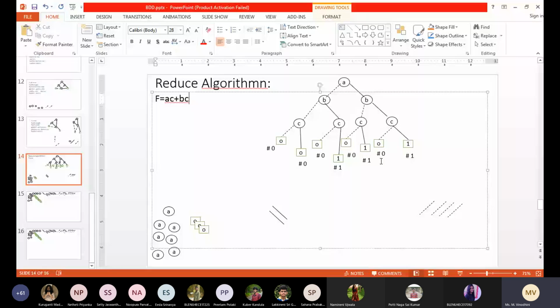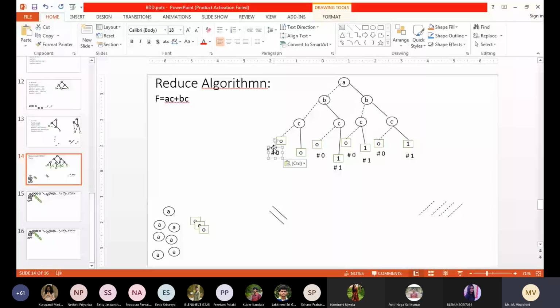Next go to the next intermediate node, this node C. The leaf node numbers are 0, 0. Both are 0, so the number for this intermediate node will also be 0.